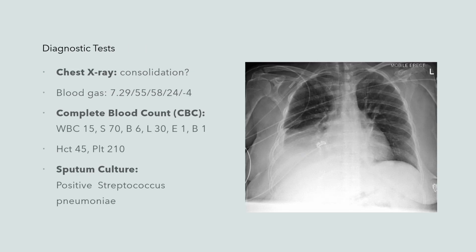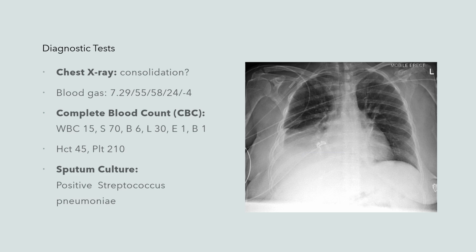So here's our patient's chest x-ray. And what are you seeing? So the left lung is nicely expanded. There are nice dark areas of aeration, good airflow. And then the right upper lobe looks good.